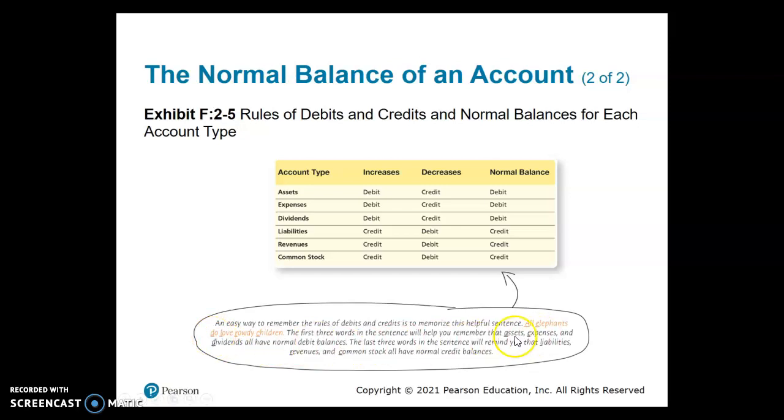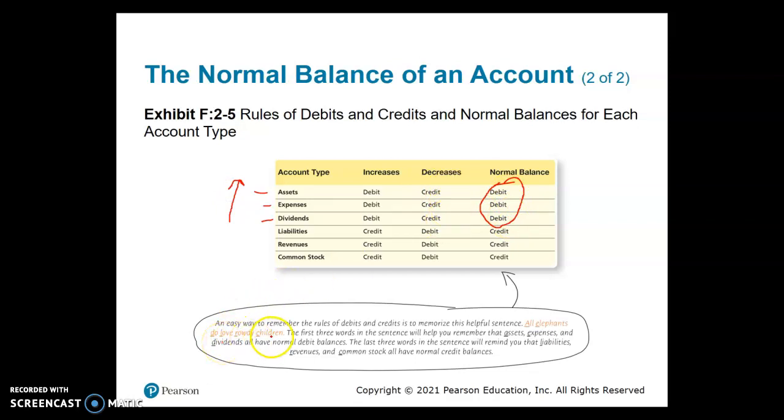So assets, expenses, and dividends all have the normal balance of a debit. When they go up, you debit that account. When they go down, you credit the account.